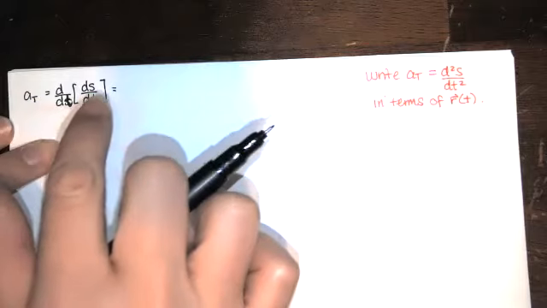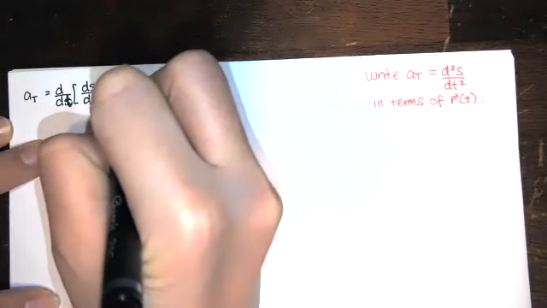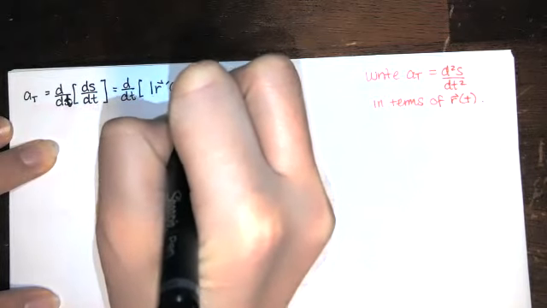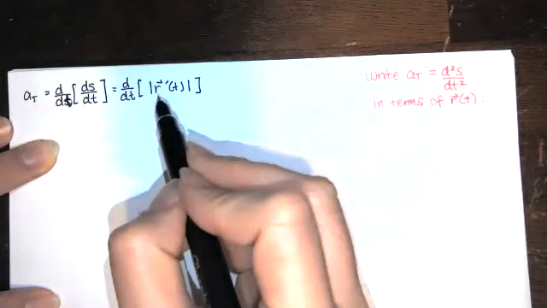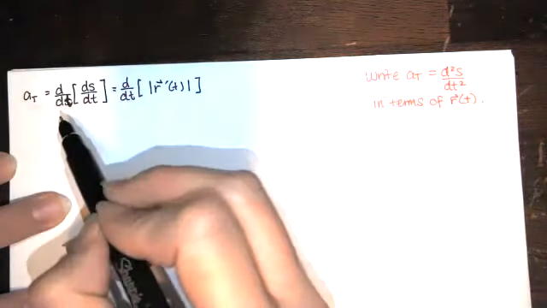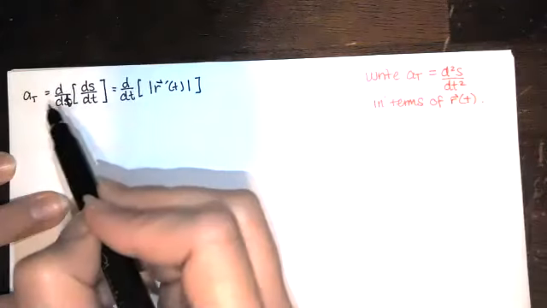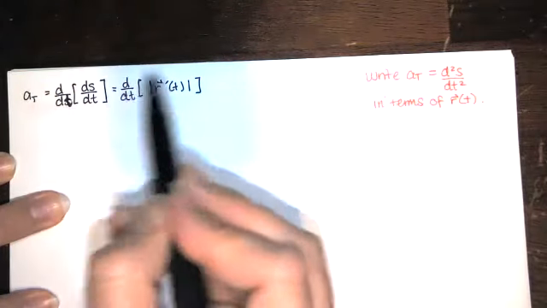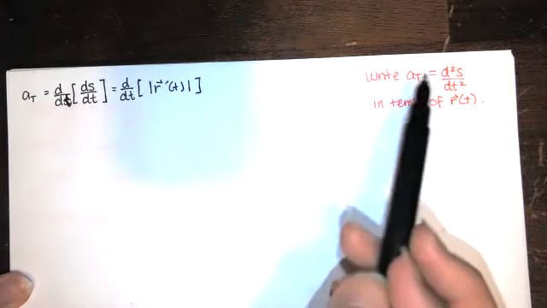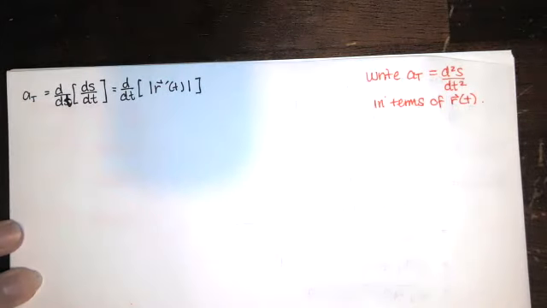This is not dr dt, it's ds dt. And ds dt, that's speed. Speed can be found this way. First you find the velocity, then you find its magnitude, and then you take the derivative. So even though they gave us this formula, I would prefer that you rewrite it as this formula, and then this formula will tell you exactly what to do.